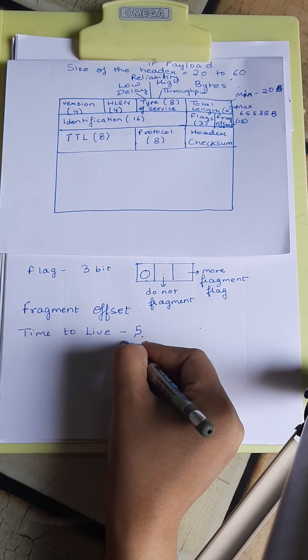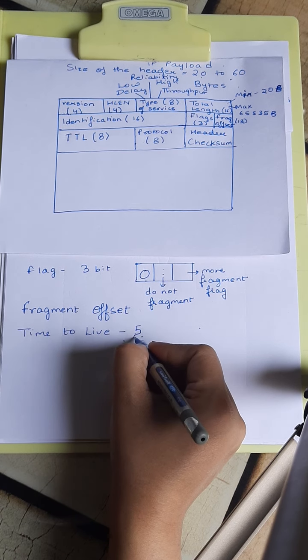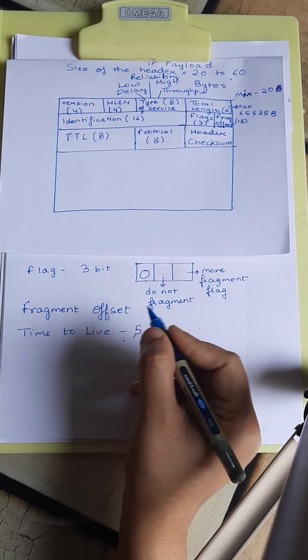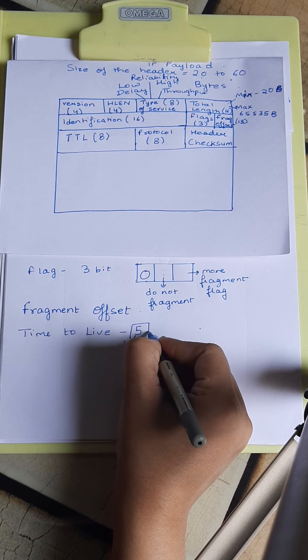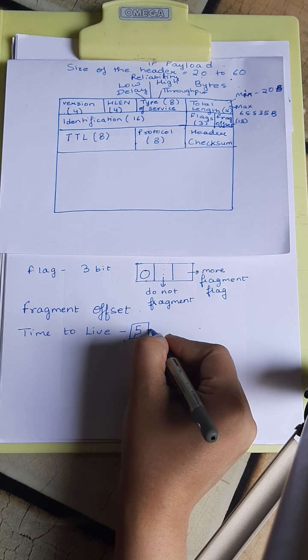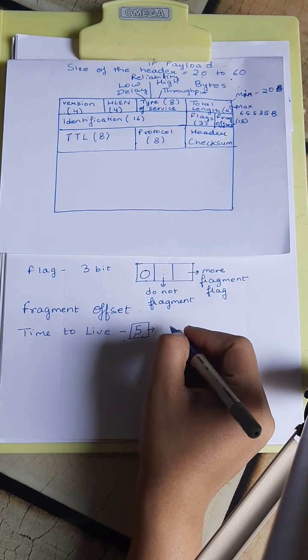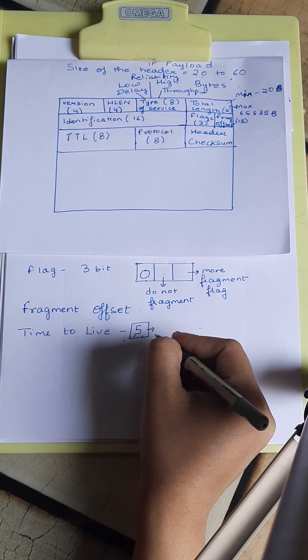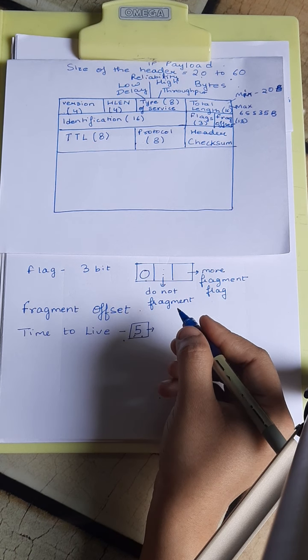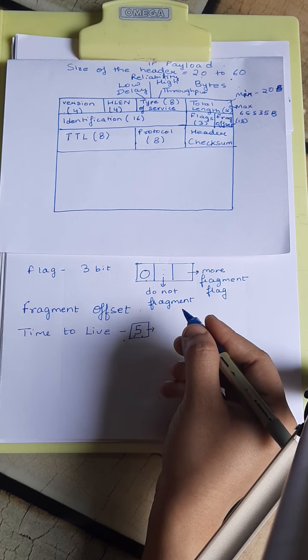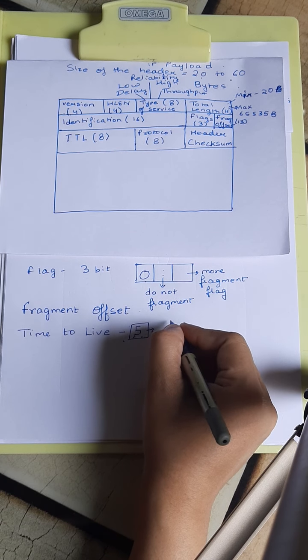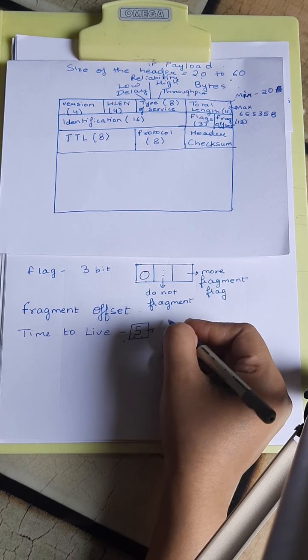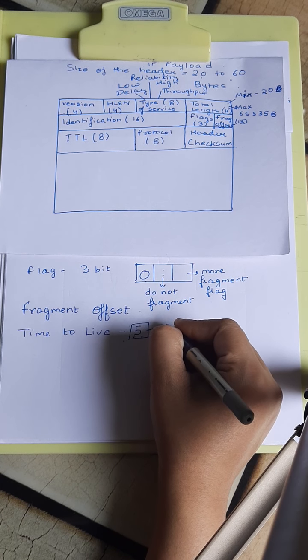So time to live is a very important field, and this field gives us the information for how much time or for how many hops your packet will be alive. So this is the field which tells us the time to live.